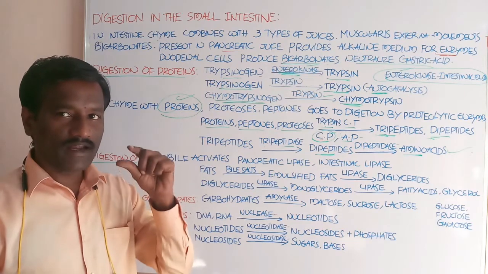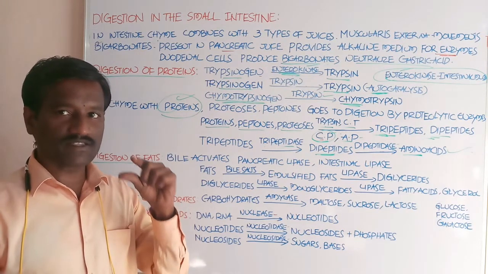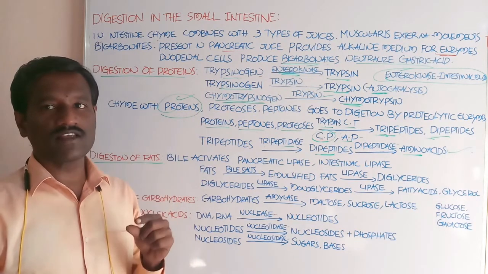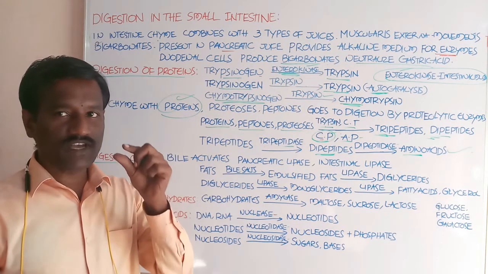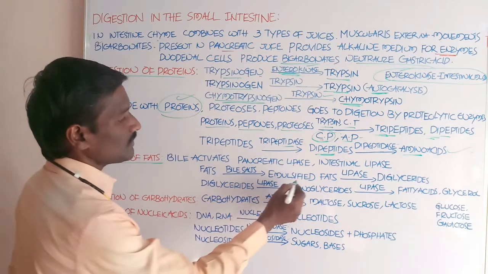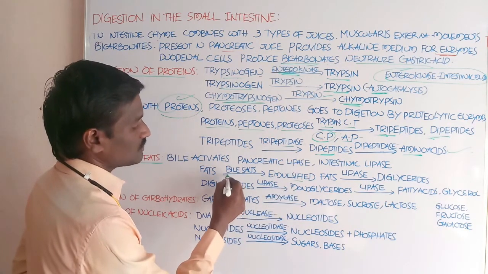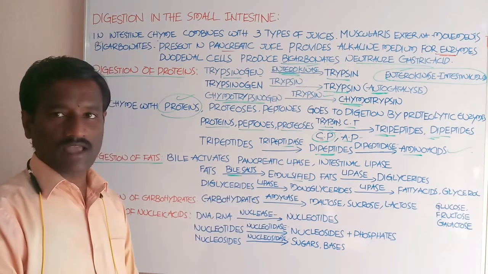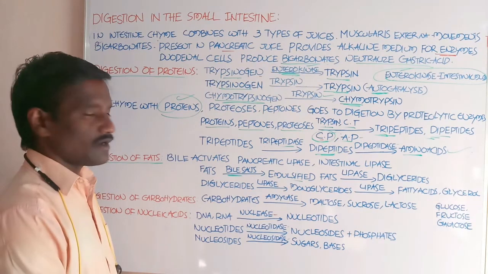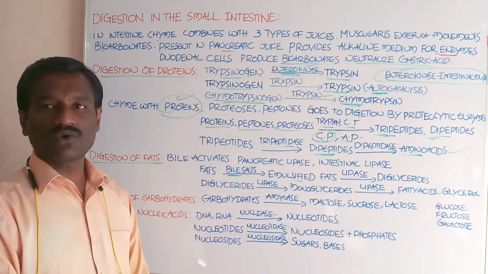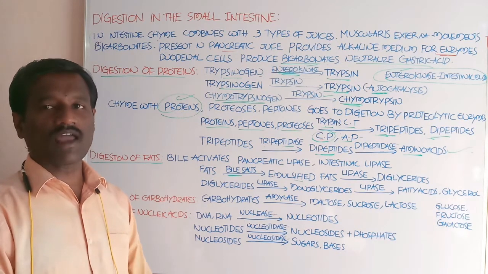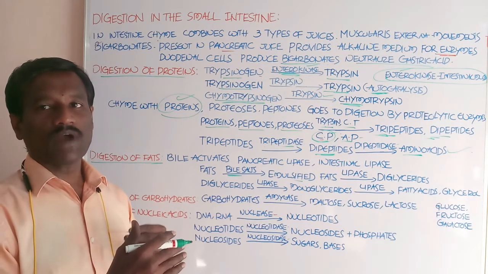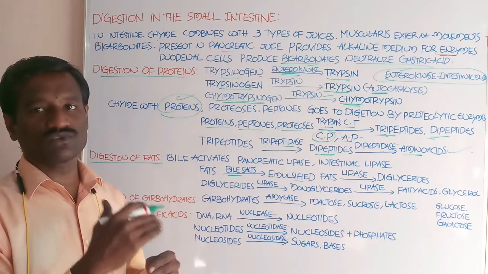Any fats present in the partially digested food go to emulsification. Emulsification of the fats occurs due to the action of the bile salts. Bile salts are glycocholates of sodium and potassium, and taurocholates of sodium and potassium.